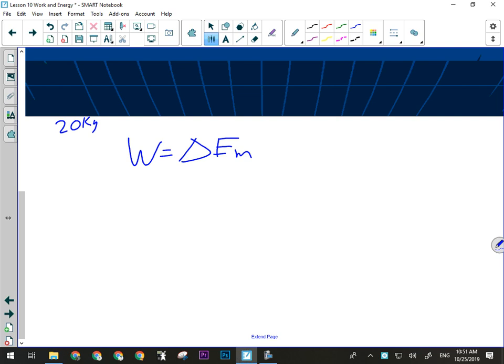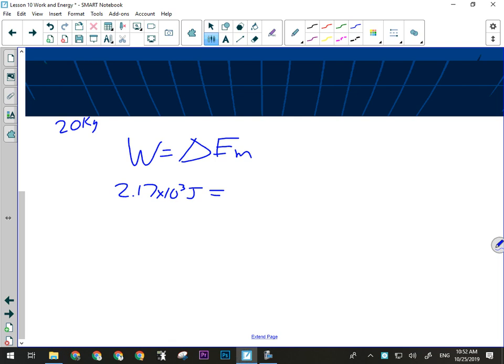And the work I've done, which I already calculated to be 2.17 times 10 to the 3 joules, okay, is going to equal the change in the mechanical energy of the suitcase. Now, I'm not changing the potential, I'm just changing the kinetic energy. All right, from Science 10, how do I calculate kinetic energy?